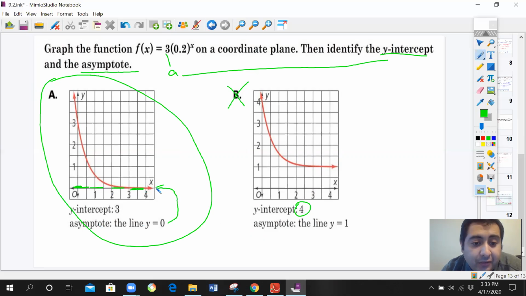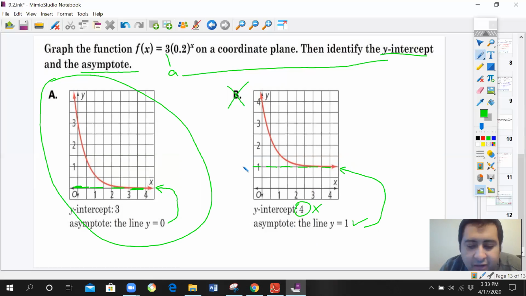This part is right here, the asymptote. This is wrong, this is correct because of this line. But you just gotta check all the information, okay?